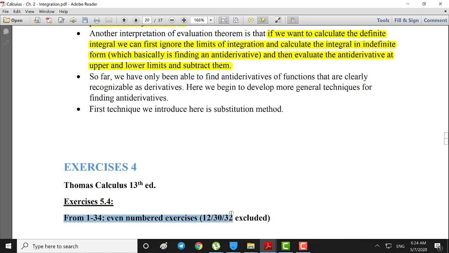So you only have a very small number of exercises here, 14 exercises on definite integrals, and they are from part 5.4 of Summers Calculus.